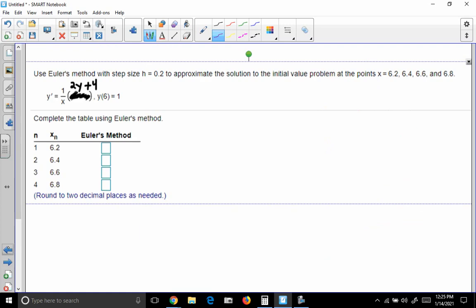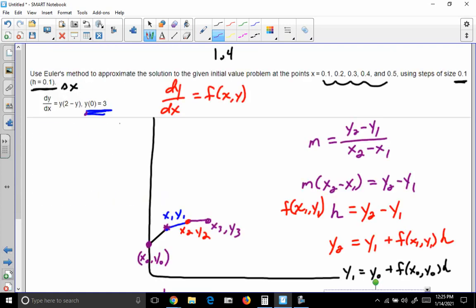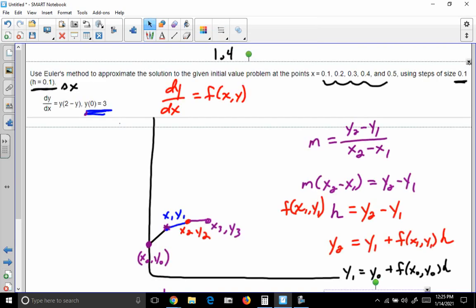So let's use that here, and let's try to evaluate this problem.